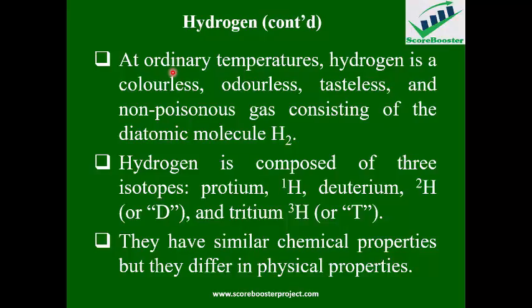It is not poisonous, and every time it is present as a diatomic molecule. I remember I explained last time or 2 lectures ago why hydrogen is a diatomic molecule: it is not easy to lose the electron, because hydrogen is a non-metal. It is not easy to lose electrons because non-metals don't lose electrons.